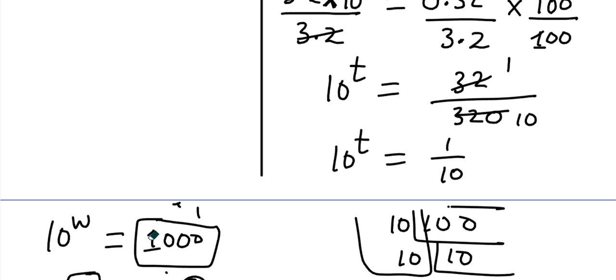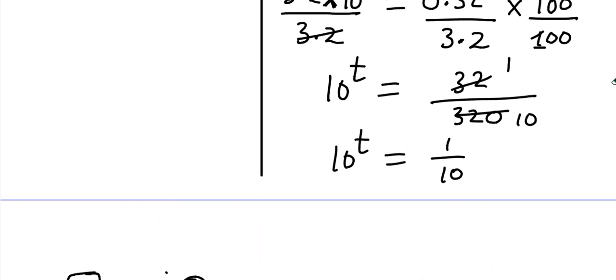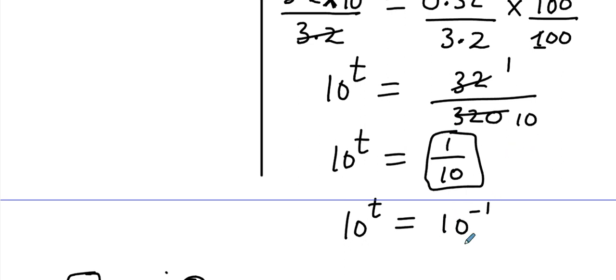We said that 1 over 10 is a reciprocal. So here we write 10 to the power of t equals 1 over 10, which is 10 to the power of negative 1. So 10 and 10 are the same. So what is the value of t? t equals negative 1. Can you see that?